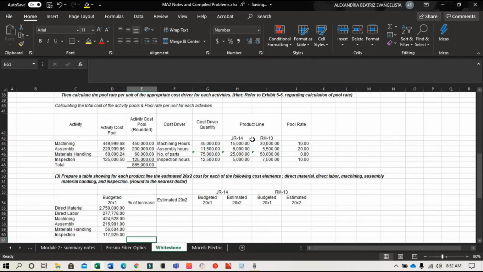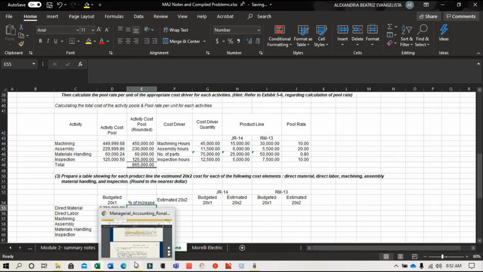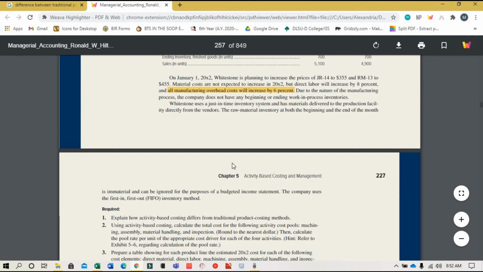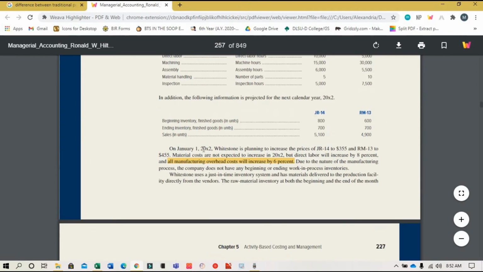So if we're going back to the problem, it is said that on January 1, 20x2, material costs are not expected to increase. But direct labor will increase by 8%.